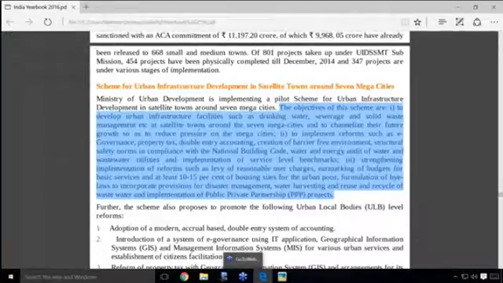Develop urban infrastructure facilities such as drinking water, sewerage and solid waste management, to implement reforms such as e-governance, property tax, double entry accounting, creation of barrier-free environment, strengthening implementation of reforms such as levy of reasonable charges. Not so important, but if asked in UPSC for mains, you should know some points on what are the things that you need to do for smart cities.